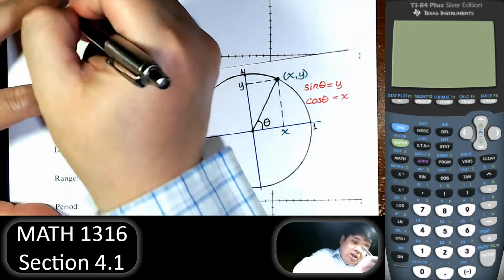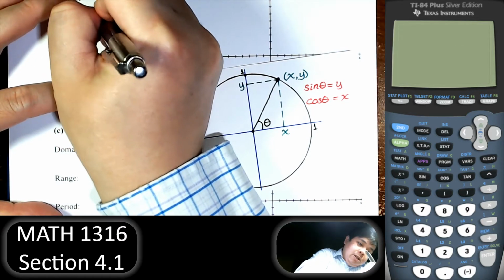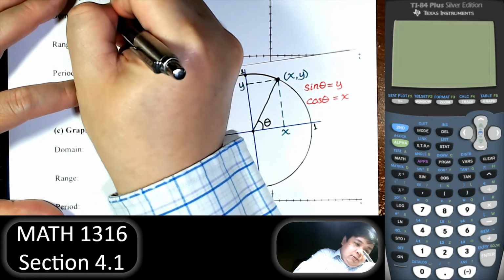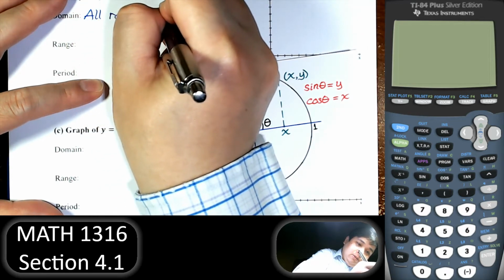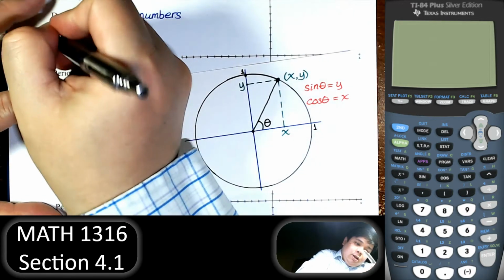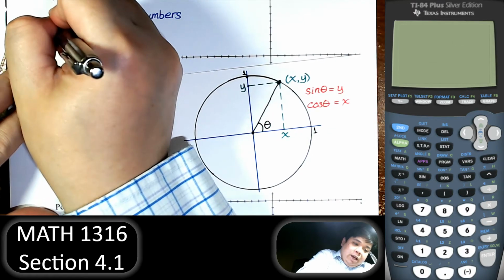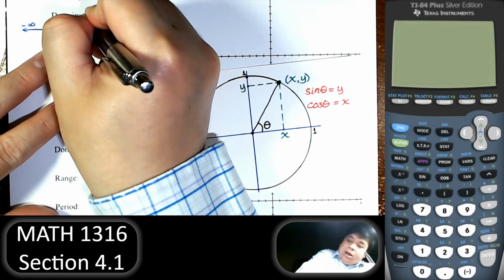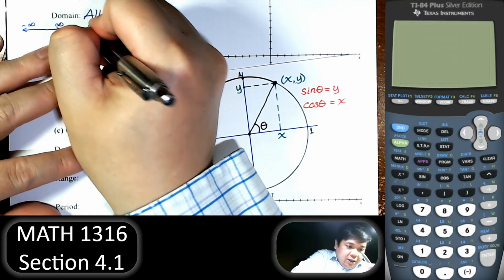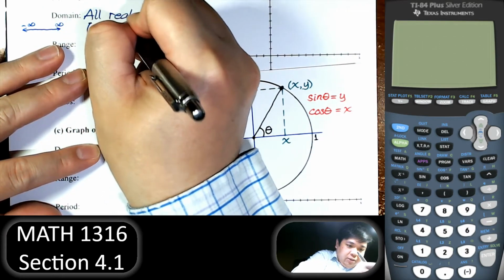The domain once again is all real numbers. So it could be anywhere on this number line, or we say -infinity to infinity.